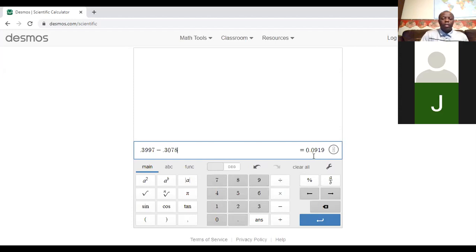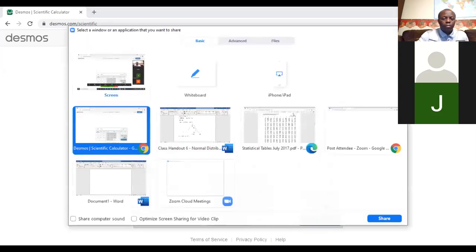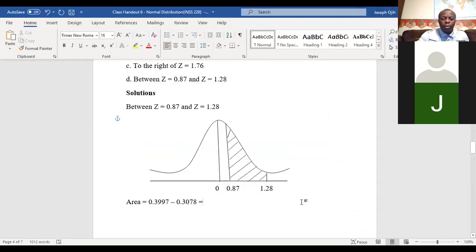So the answer for the area is 0.0919, which can be written as 9.19%.